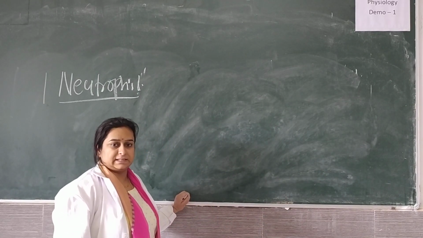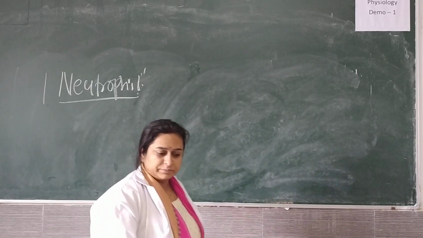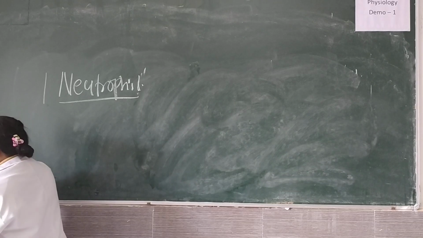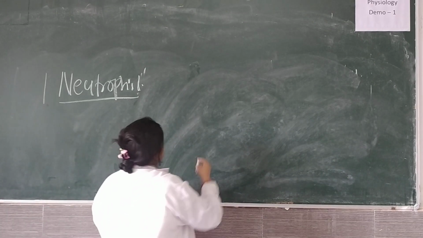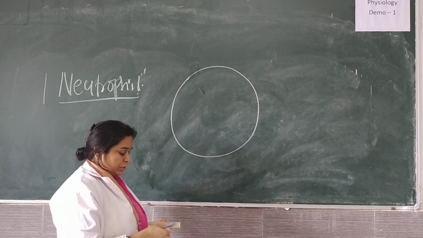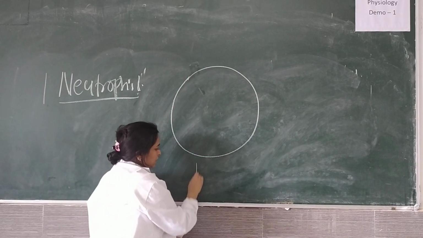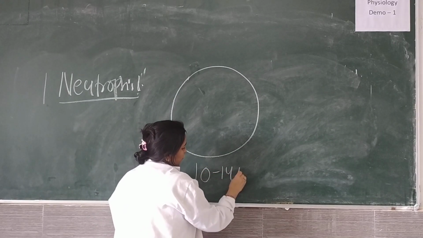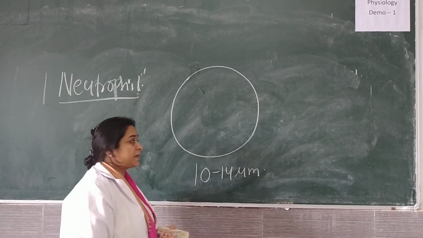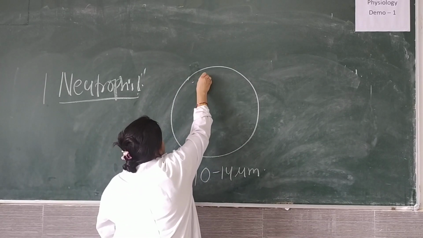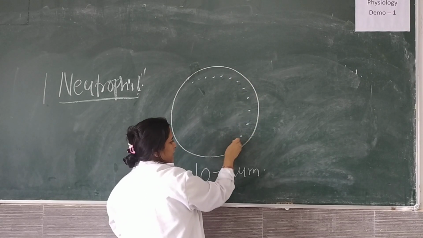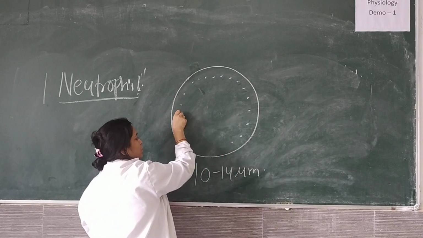So as we said, the size of neutrophil is 10 to 14 micrometer. And what does it contain? The granules take both the acidic stain and the basic stain. So what type of granules are we going to see? We are going to see granules which stain both.